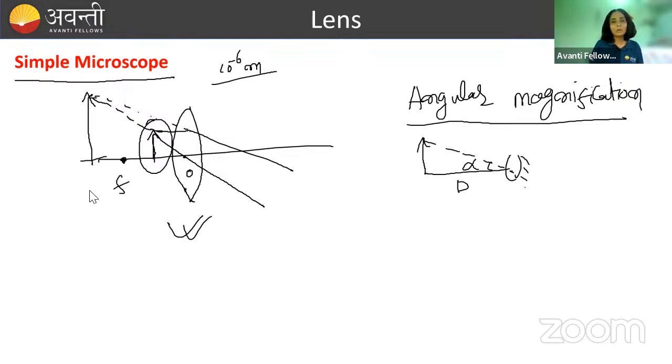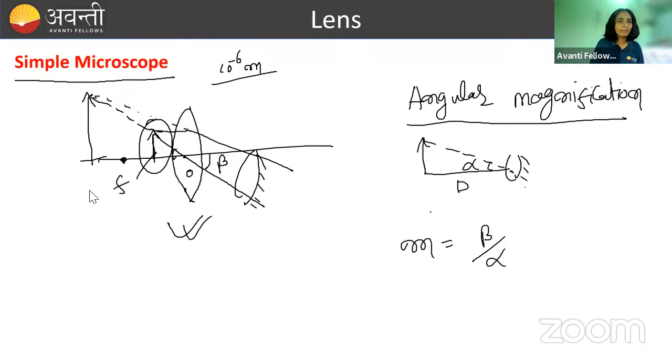Now look at the same object through a microscope, through a lens. In this case also, this will form a certain angle at my eye, say beta. So angular magnification is equal to beta by alpha. If we solve it, we will get two cases.